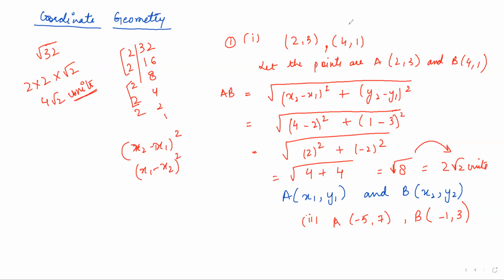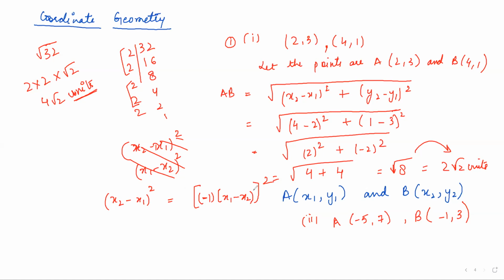It will not make any difference. It is (x2 minus x1) whole square. If you write it like this, you take a minus 1 outside and then you get (x1 minus x2) whole square. Any problem?